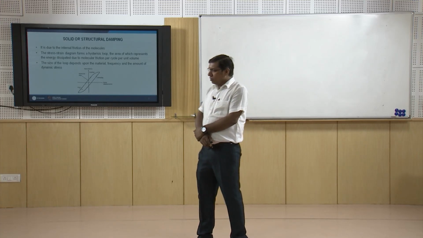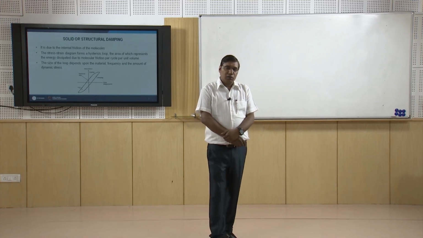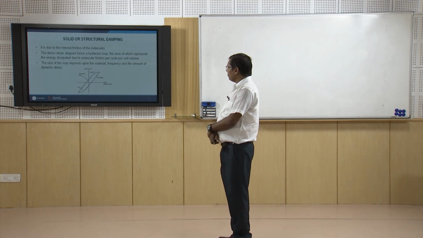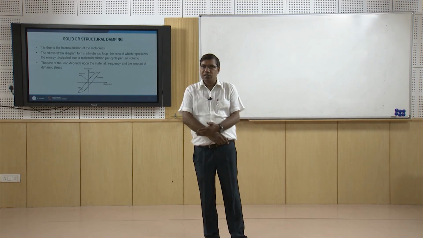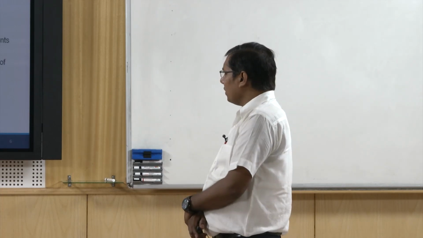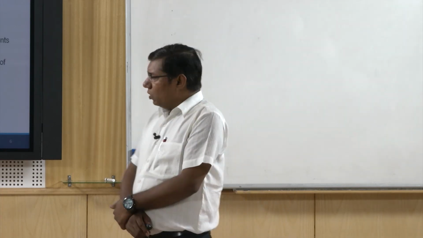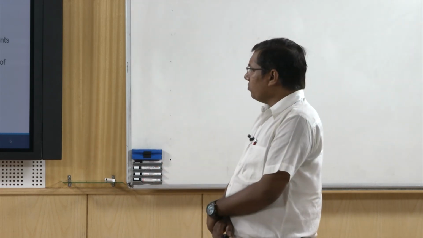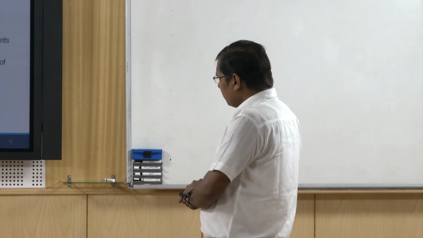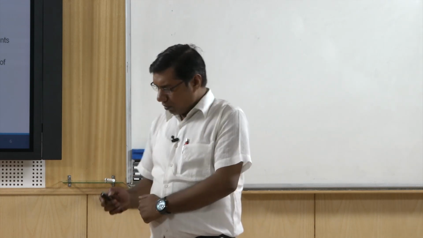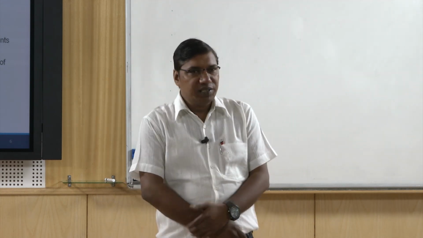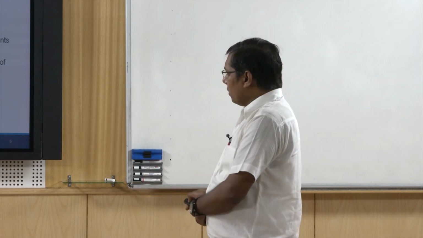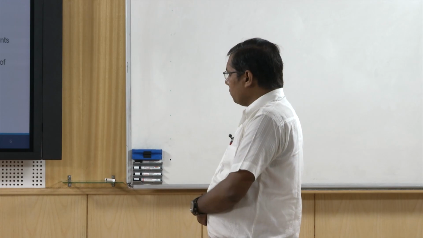Now, we have another type of damping called solid or structural damping. It is also called material damping or hysteresis damping, so there are various names for this damping. We can see the stress strain diagram: when a material has this kind of damping, the stress strain diagram may form a hysteresis loop.